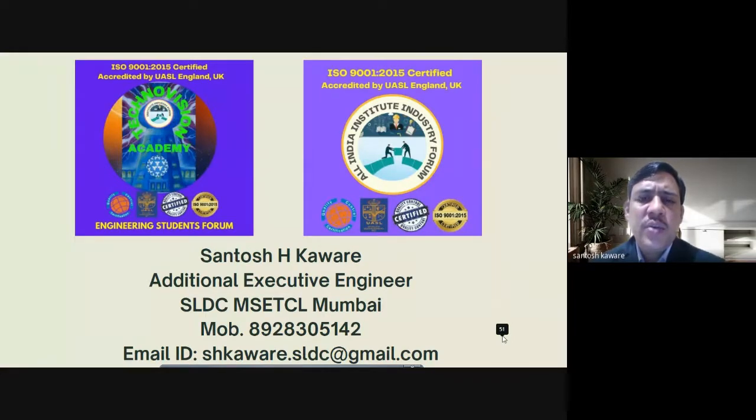Why we call it arrestor or absorber: it creates the least impedance path for the lightning stroke, so that's why it arrests or absorbs. It creates the least impedance path from all equipments. Otherwise there is no such difference between them. The names are the only difference; both are the same thing.